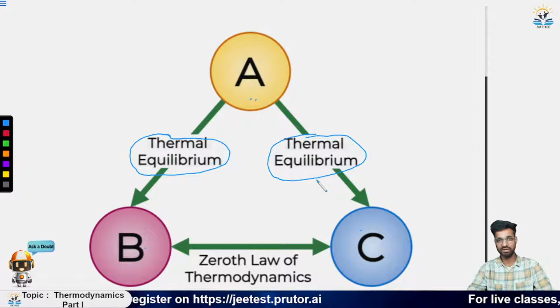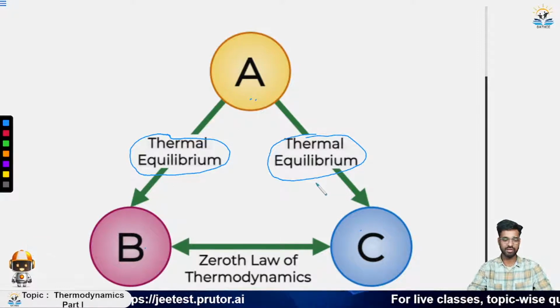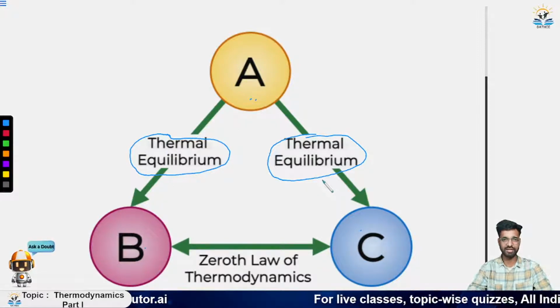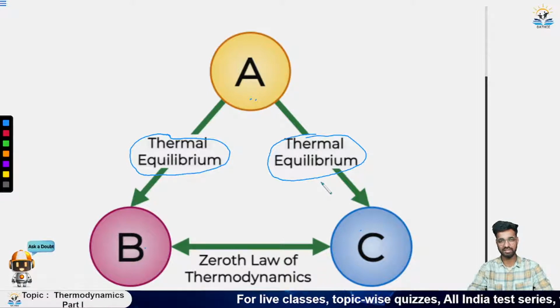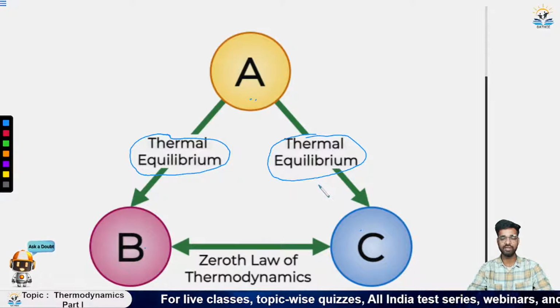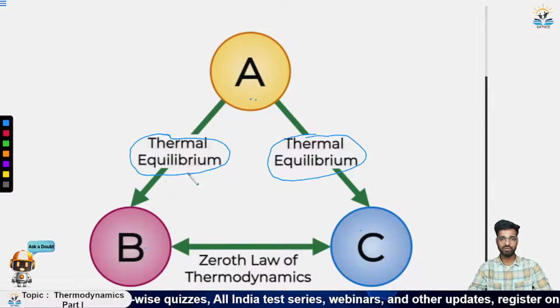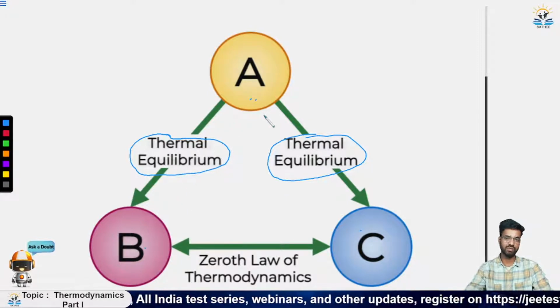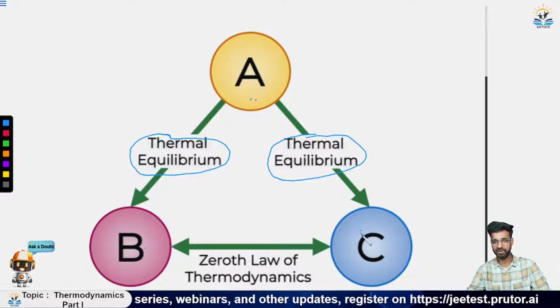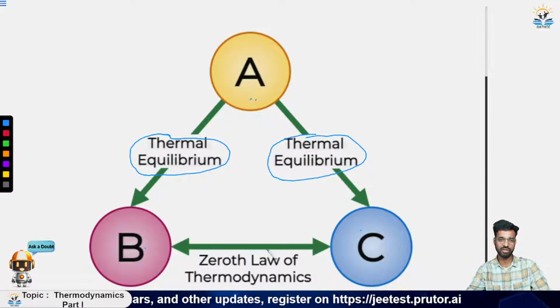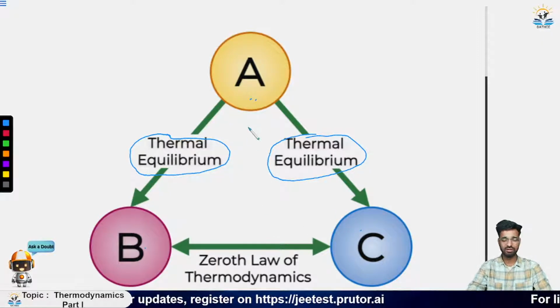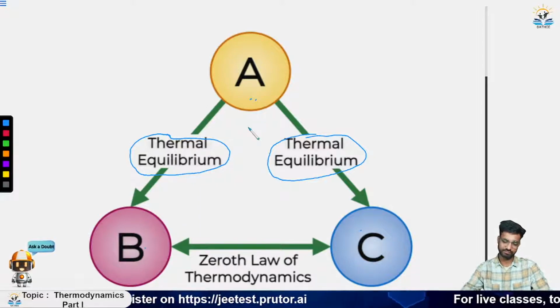While in a static one, the system is not changing at all: not the pressure, not the volume, nor any state function is changing. So if A and B are in thermal equilibrium, and similarly A and C are in thermal equilibrium, then B and C will also be in thermal equilibrium. This is the Zeroth law of thermodynamics.